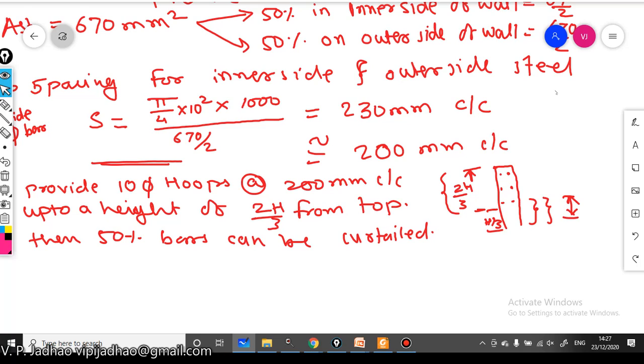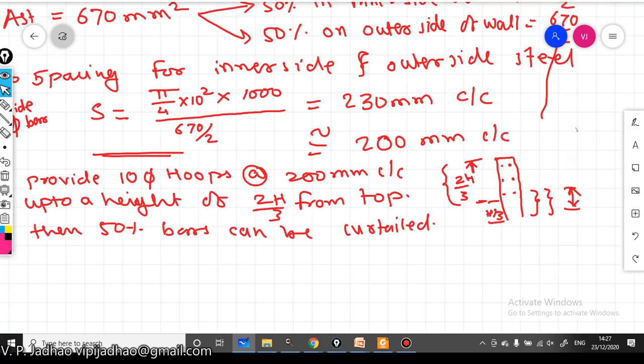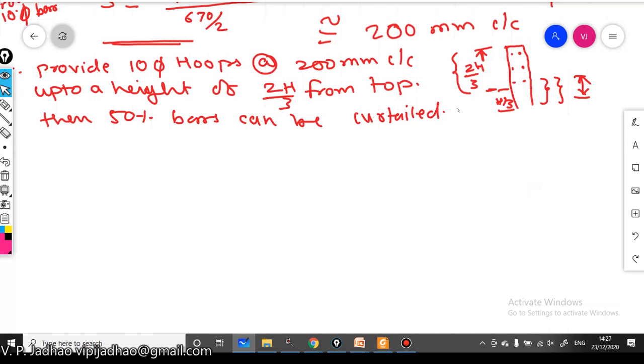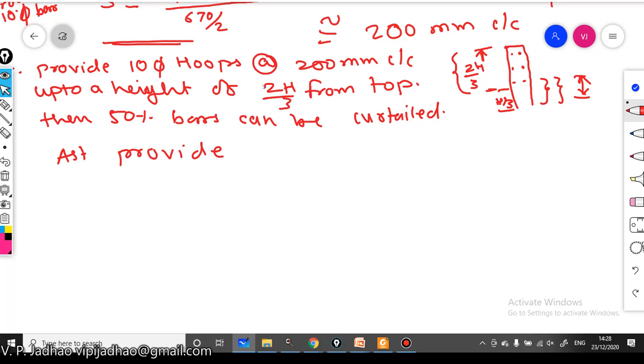Now we have to check whether the calculated stress in concrete in direct tension is within limit or it exceeds. AST provided: we are providing 10 mm phi bars.